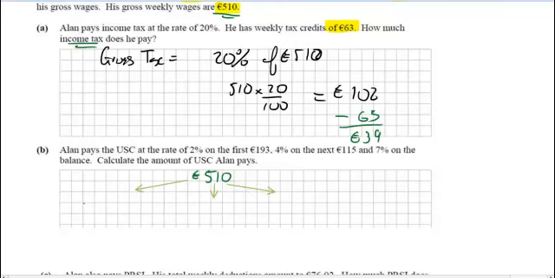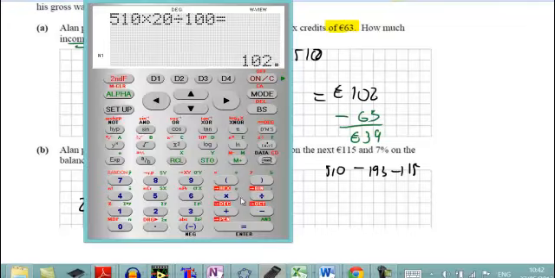So he pays 2% of 193, 4% of 115, and on the balance, which would be 510 minus the 193 minus the 115, he'll pay 7%.